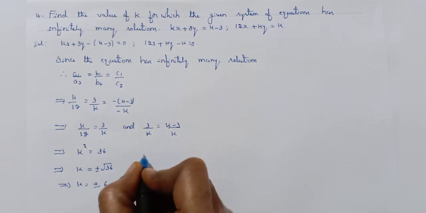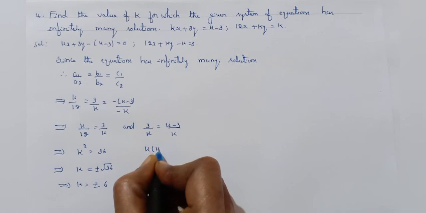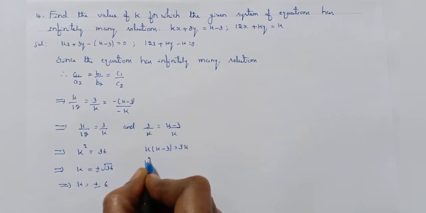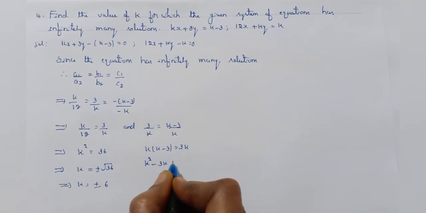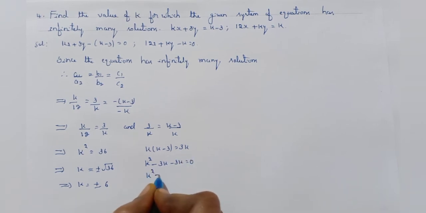Here take cross multiplication. K into K minus 3 is equal to 3K. K square minus 3K, take 3K to left hand side, minus 3K is equal to 0. Next K square minus 6K is equal to 0.